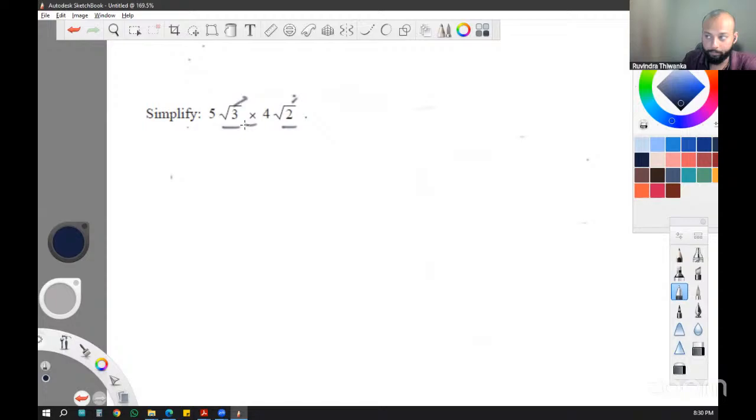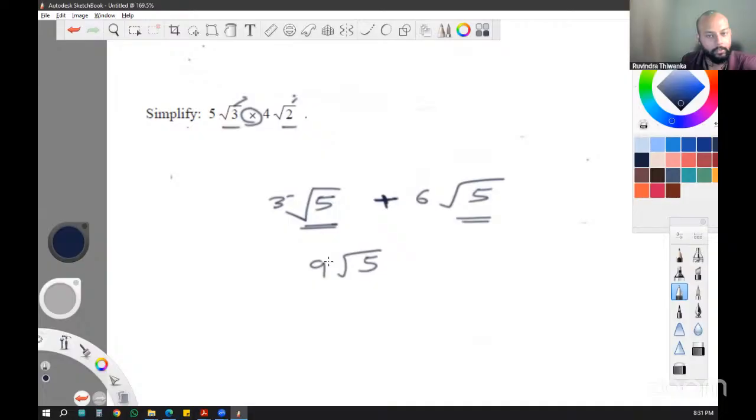But remember, this is not addition. Previously, there was addition, that means you have to add these two surds. So if it is in the same surd format, you can add and write like this.